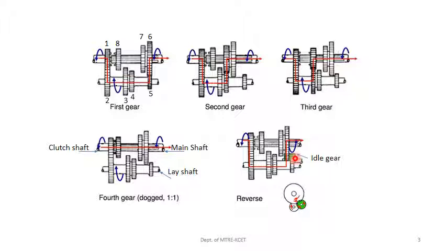The main advantages of the sliding mesh gearbox are that it is simple in construction and has a relatively low manufacturing cost compared to other gearboxes.